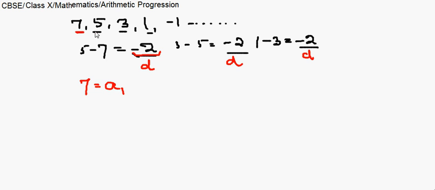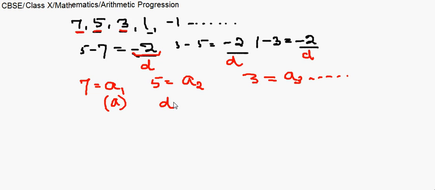The second term, 5, is A2, the second term of the series. 3 is the third term of the series, and so on. The first term is sometimes also called A, for convenience, and the difference between all of them is D, the common difference.